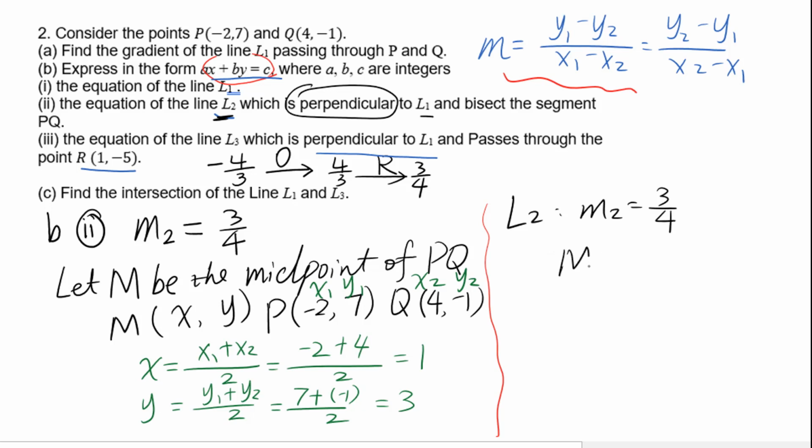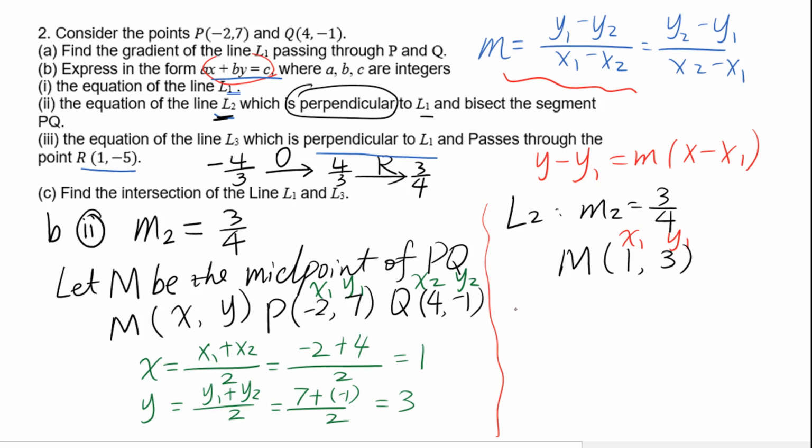Therefore, for the equation of L2, we already know the slope equals 3/4 and the point on the line M is (1, 3). Let's label this x1, y1. So use the point-gradient form: y minus y1 equals slope times (x minus x1).